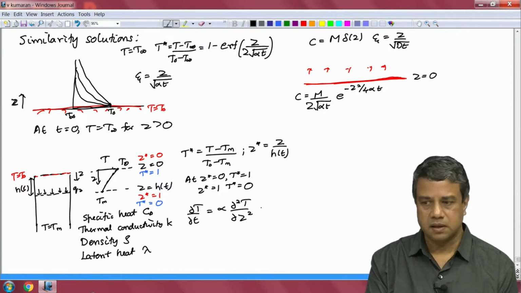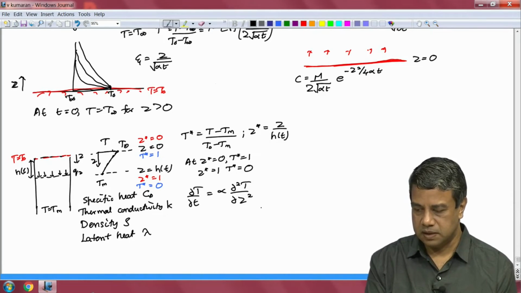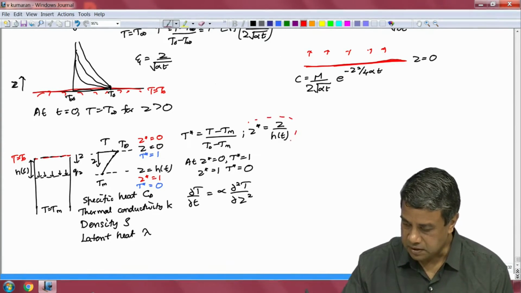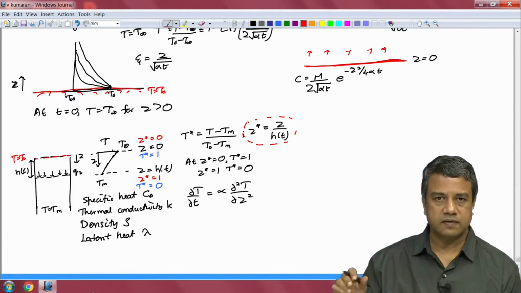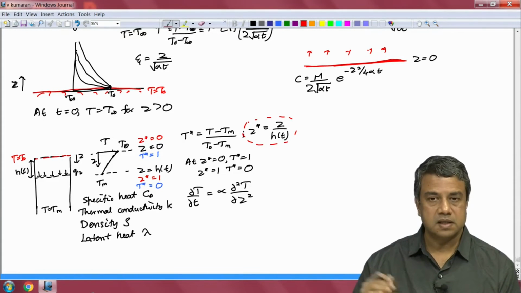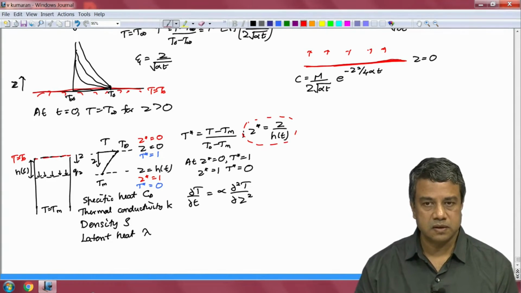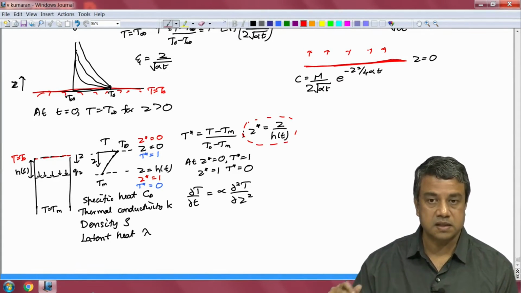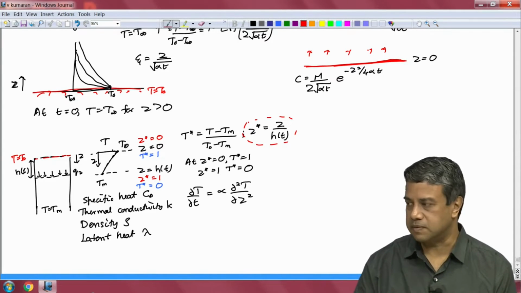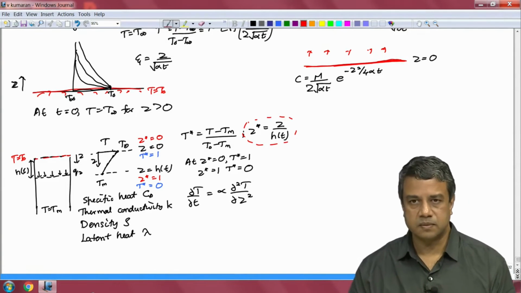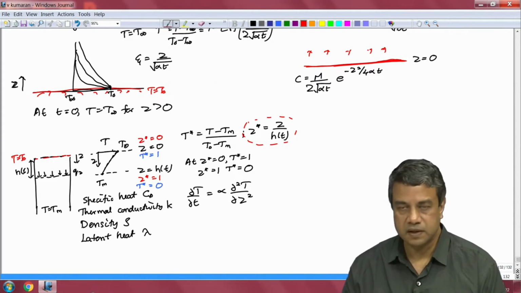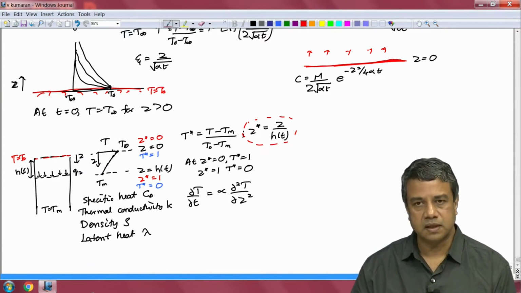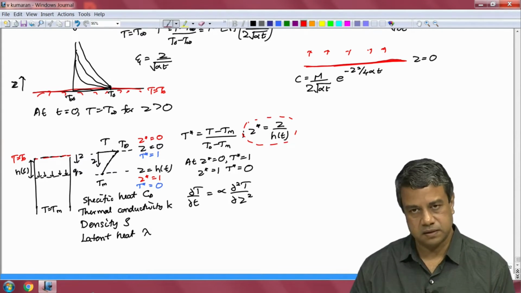That is the conservation equation, and we have to see whether a similarity solution can be used only if this transform results in an equation which depends only on z star and not individually on z, t or h. H is a function of t in this particular case. So, this transform gives you a solution only if the final equation depends only on z star and does not depend individually on z and t.